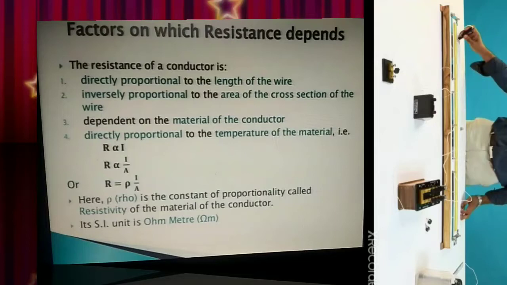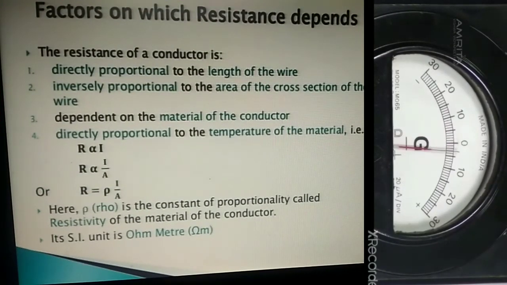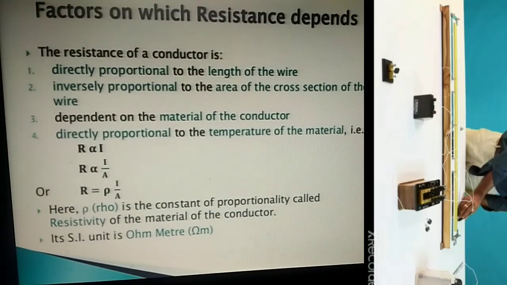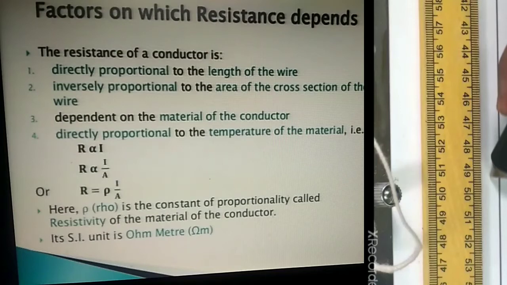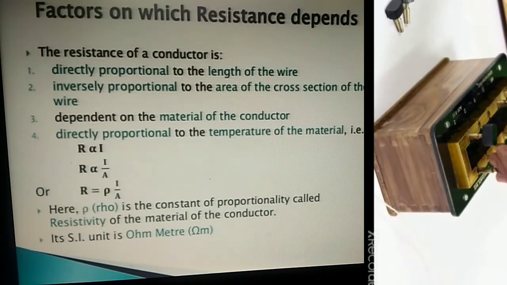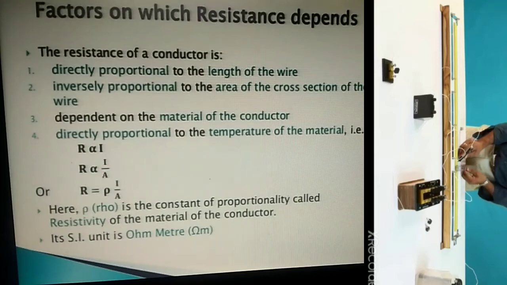Resistance of a conductor is directly proportional to the length of the wire and inversely proportional to the area of cross section of the wire, dependent on the material of the conductor, and directly proportional to the temperature of the material.